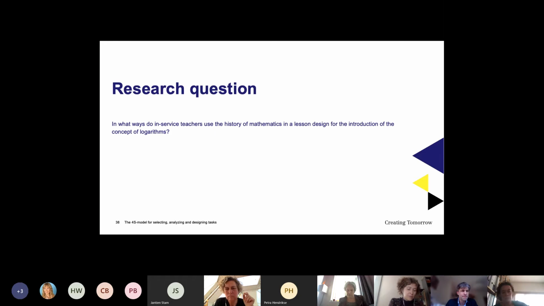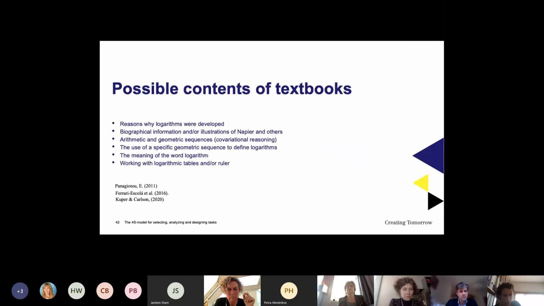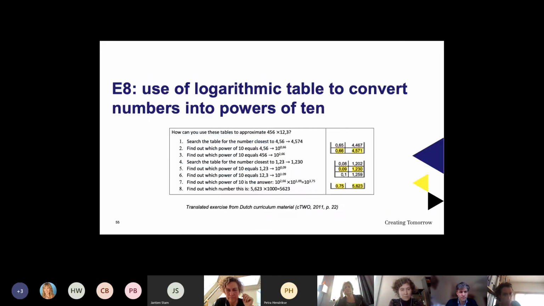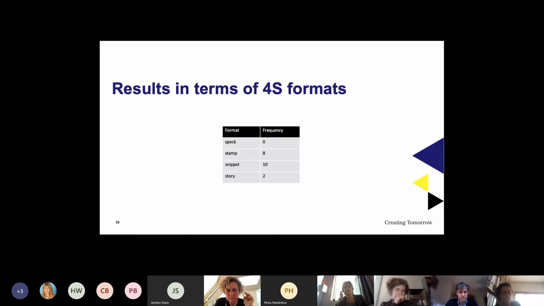Yes, I think we did, but I did not show that much in this presentation. I'm going to go a lot of slides ahead. So when we're looking at these results, for the second and the third design, you can actually see that the stamp is not used anymore, and the majority is snippets, and some use stories.